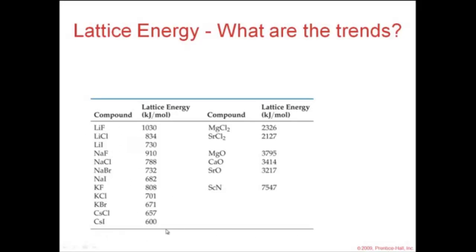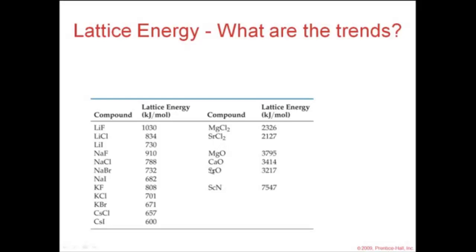We've got a bunch of ionic compounds, and we have kilojoules per mole of energy required to break those apart. So what do we notice? What are some of the trends you might see? Well, one of the things you should see is all of these ionic compounds have a positive ion that's a +1 and a negative ion that's a -1. And what we have here is a positive ion of +2 with a -1.